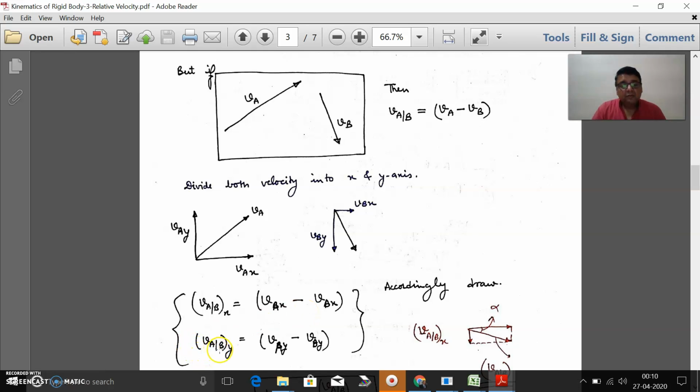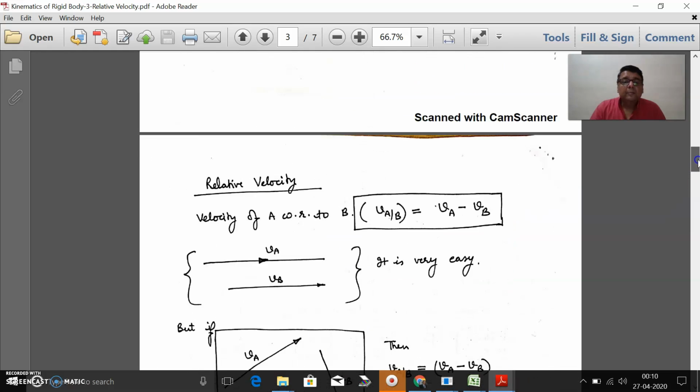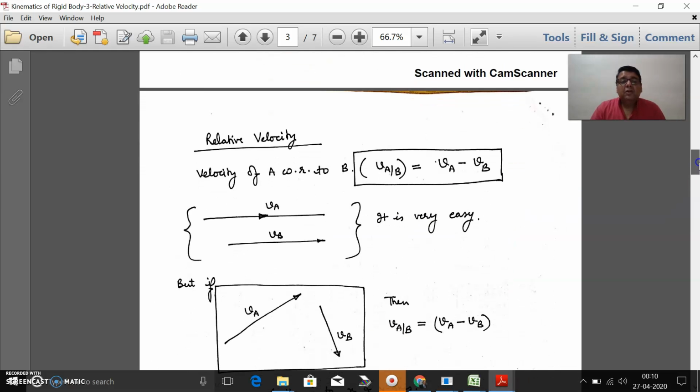Same way, for velocity of A with respect to B, y component is VAY minus VBY. And on this rule only, we'll calculate the final values and find the final angle. That will give the velocity of A with respect to B, whatever it will be. So that's how we can easily calculate the relative velocity of A with respect to B, right?